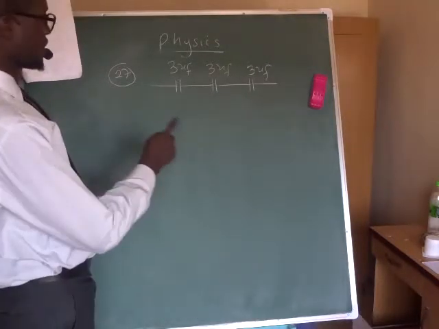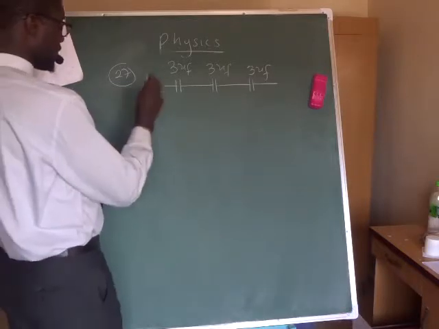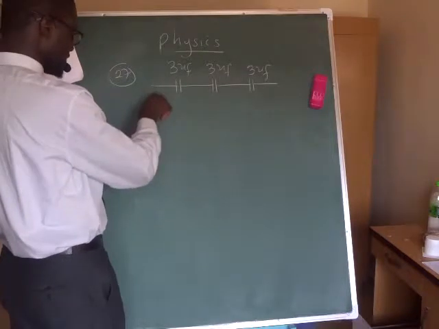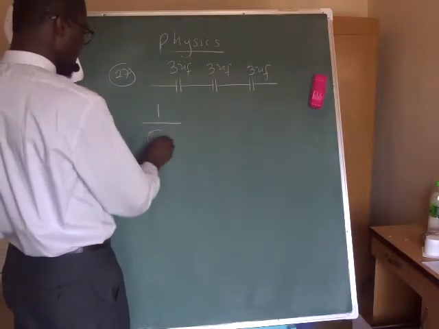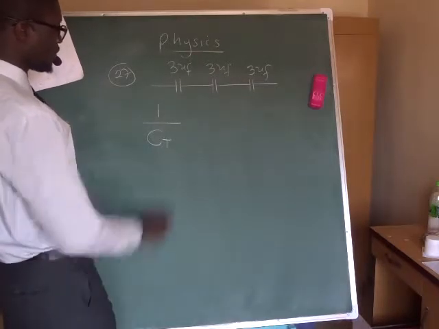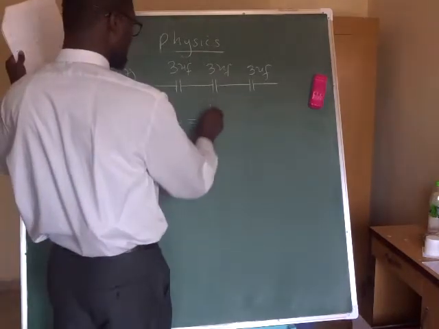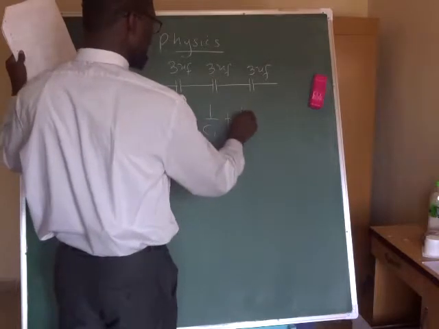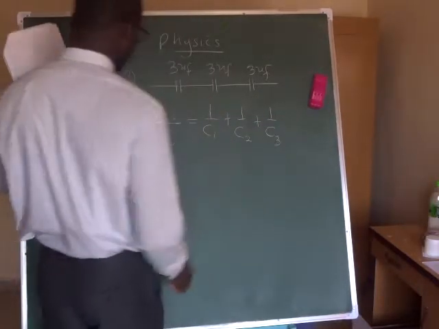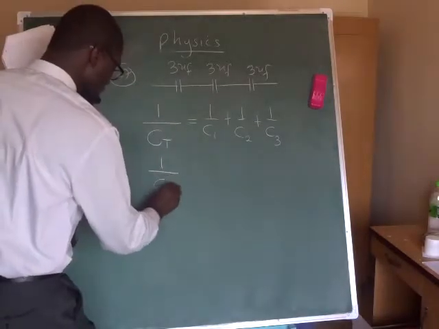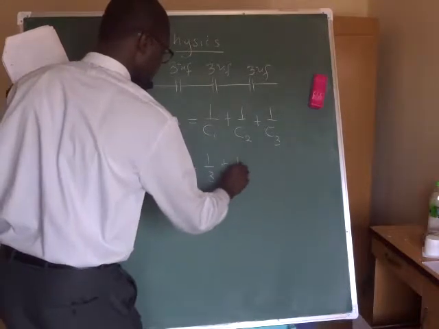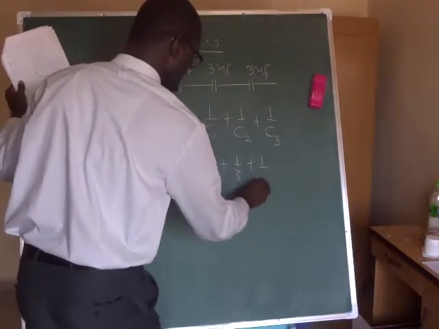Because they are arranged in series, unlike resistors, capacitance in series is given by this formula. If we want to calculate the total or equivalent capacitance, 1 over total capacitance equals 1 over C1 plus 1 over C2 plus 1 over C3. So my 1 over C total is equal to 1 over 3 plus 1 over 3 plus 1 over 3.